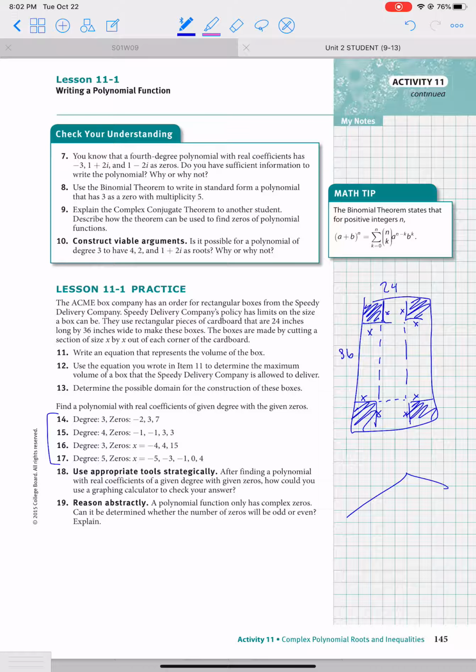So if I draw the 3D shape, the height of the box we got from the little corners that we cut out. So that will be x. And then the rest of it is that little gap in between.